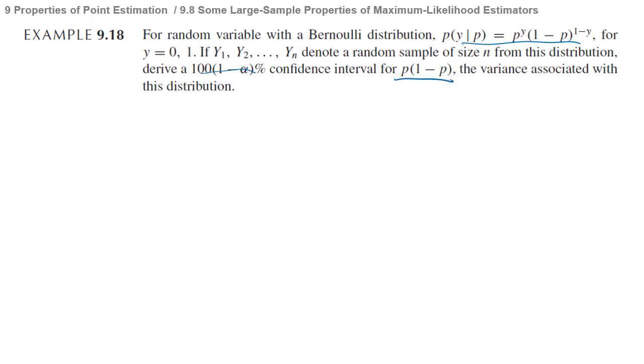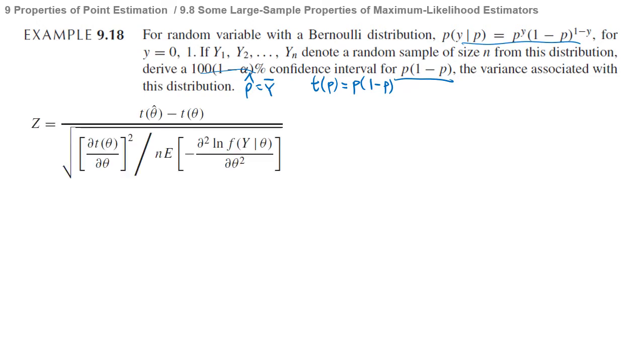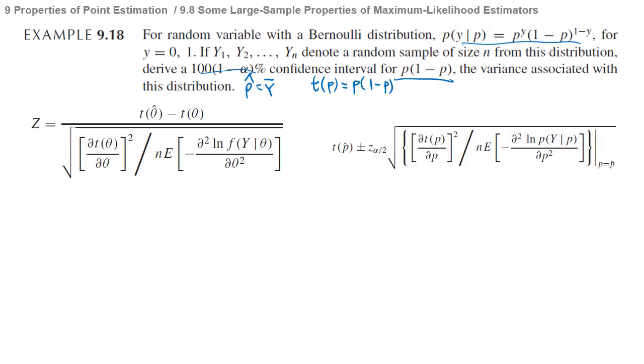And so we can think of t(p) as p times (1 minus p), and for the Bernoulli distribution, the MLE p hat is y bar. We know that. And also from the previous theorem, the confidence interval can be derived this way.